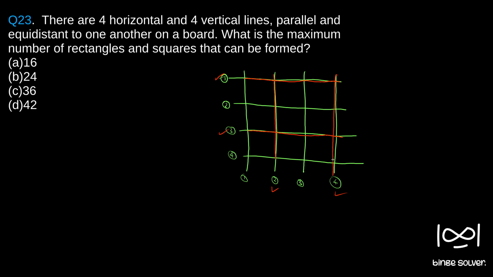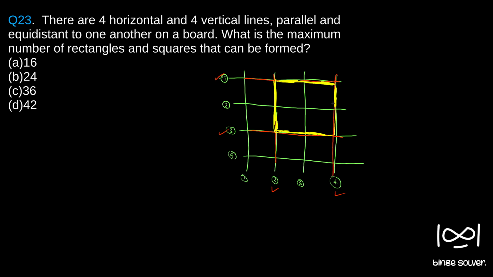Okay. So as you can see, when we choose this, you can see this square. This is a square, right? When we selected 1 3 and 2 4, it selected this square.